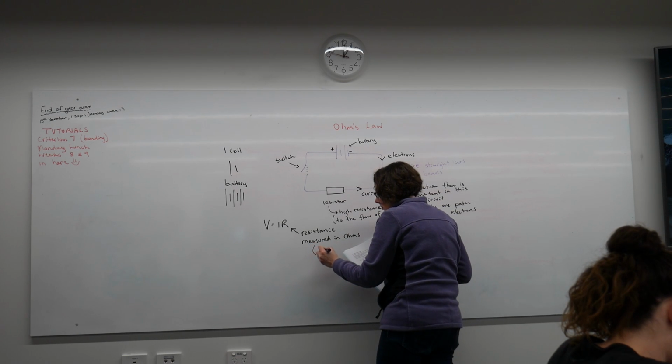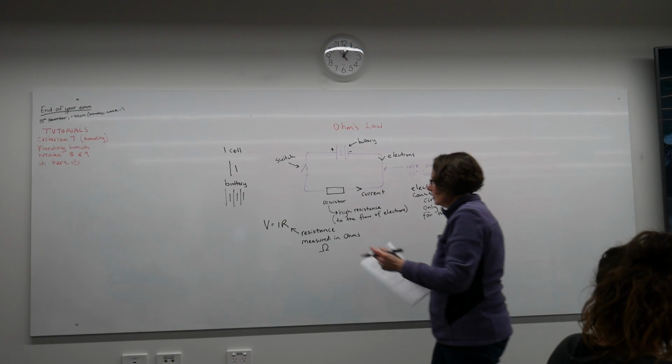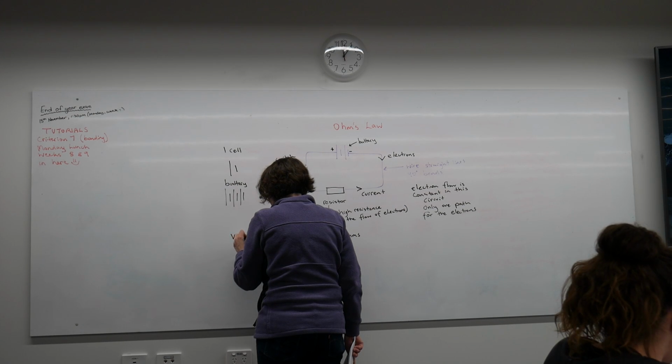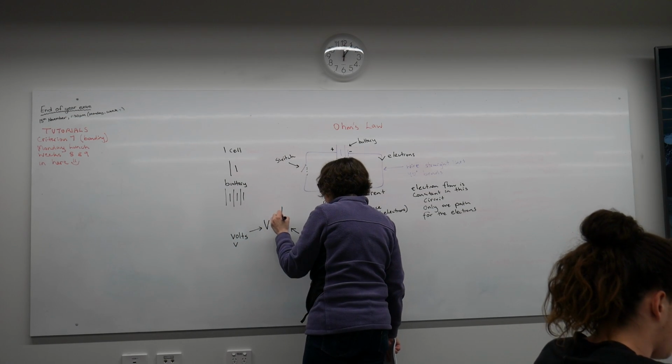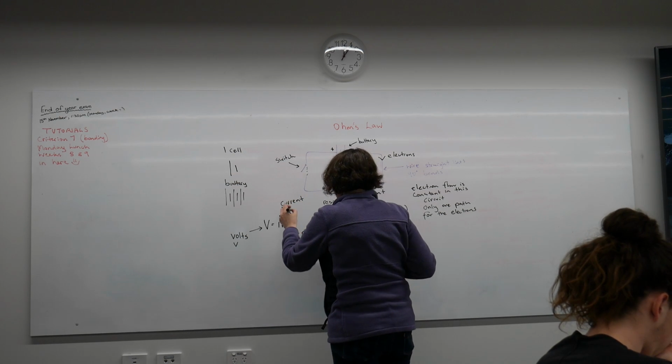And its symbol is omega. And volts, we're already familiar with volts and V. And this is my current, which is in amps.